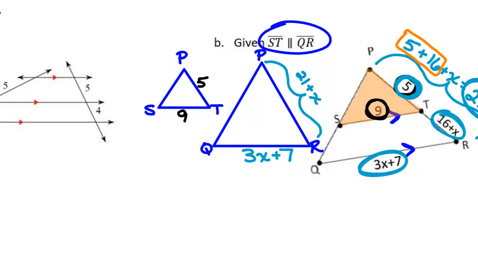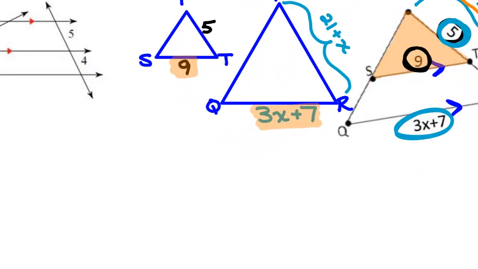Now that I have those pieces matched up, we can set up our fractions. So corresponding would be 9 and 3x plus 7. So I can set up my fraction any way I want to, whether I put 9 on top or 3x plus 7 on top. I'm going to put 9 on top.